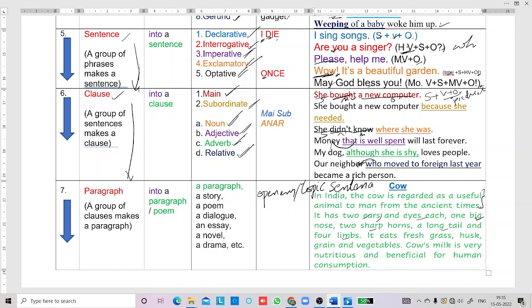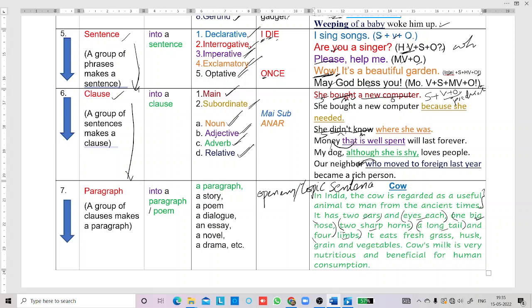Up to here, one, and from here eyes, one sentence, and one big nose, another sentence, two sharp horns, another sentence, and a long tail, another one, and four limbs is called another sentence.